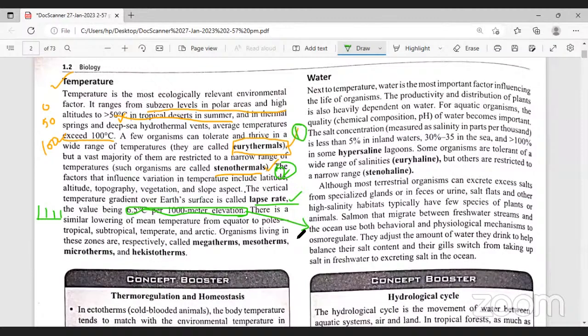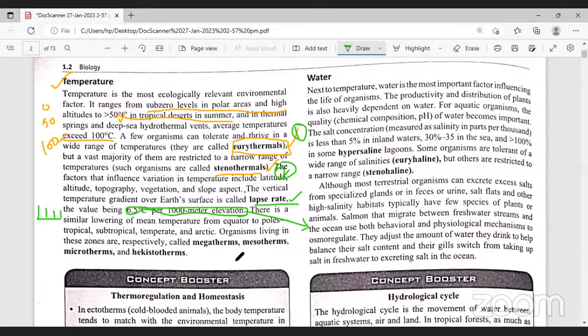There is a similar lowering of mean temperature from equator to poles: tropical, subtropical, temperate, and Arctic. Organisms living in these zones are respectively called megatherms, mesotherms, microtherms, hekistotherms. In our board, suppose the temperature is very less, take an example.